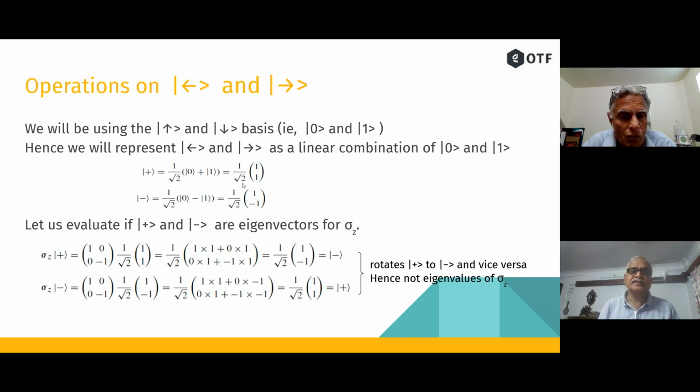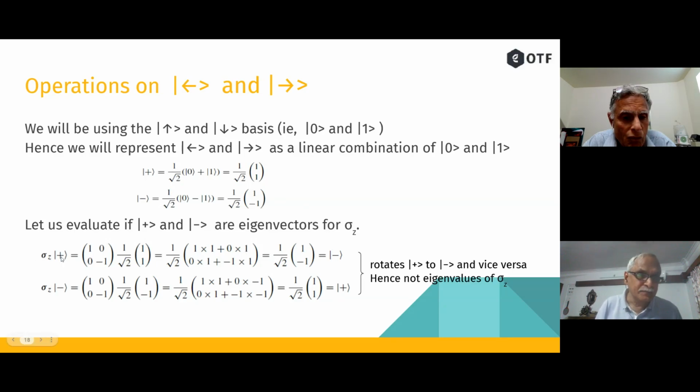With this, let us see whether plus and minus have eigenvectors in the context of sigma z. We start with the plus vector and take the operator, which is my sigma z operator, and operate over ket plus. The moment I expand this, I get ket minus.